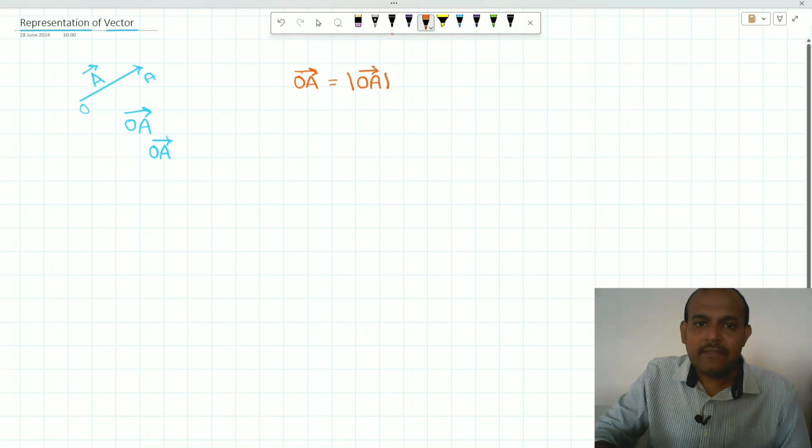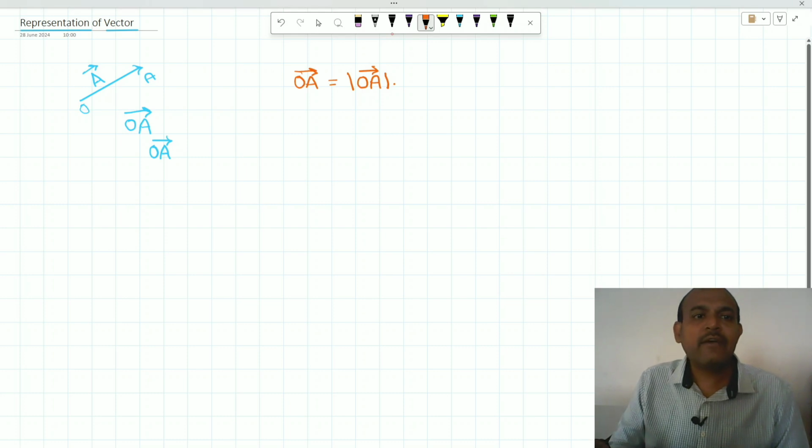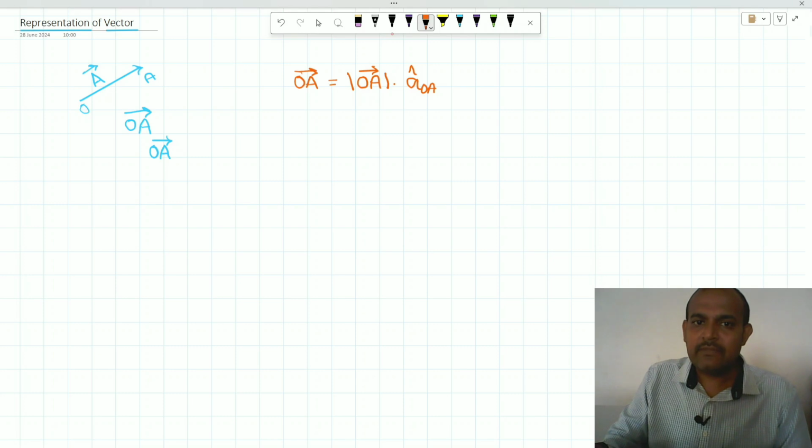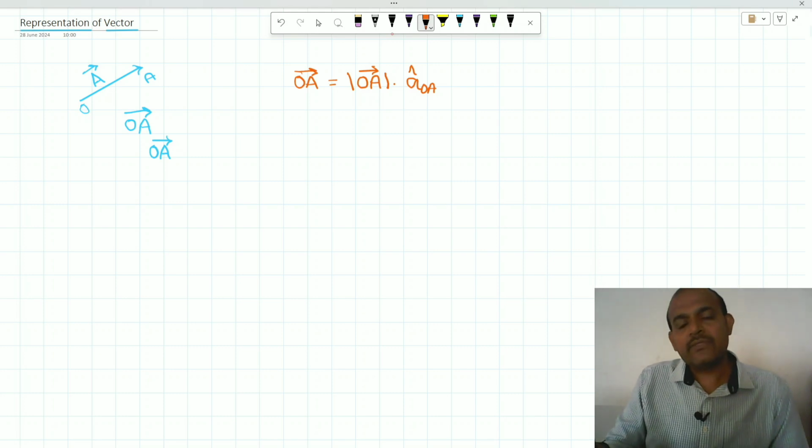Then into it will also have some direction. This direction I will represent as A cap, which we call the unit vector, and this is for the vector OA. I will repeat: vector OA is equal to its magnitude, that is OA, into the unit vector A cap.